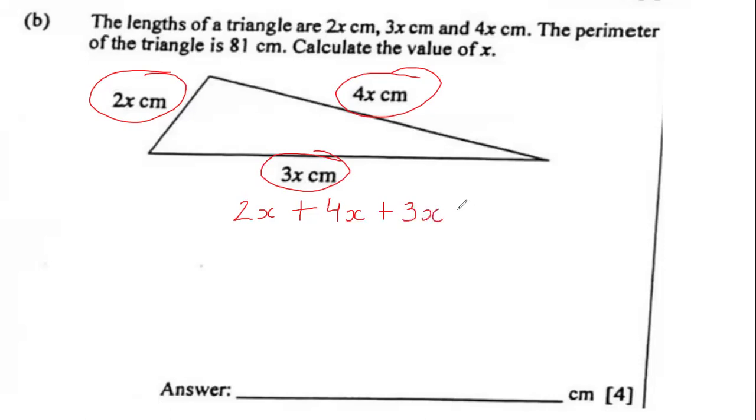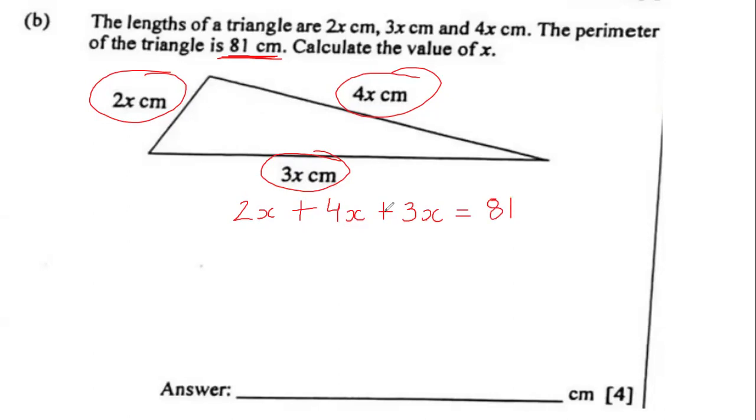All that is going to be equal to what? The perimeter, which is 81. So 2x plus 4x plus 3x, all that is going to be equal to 81, right?